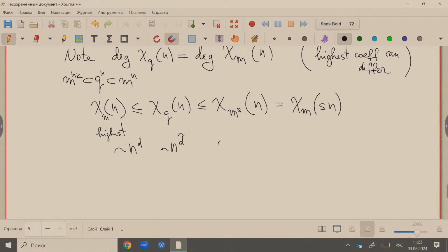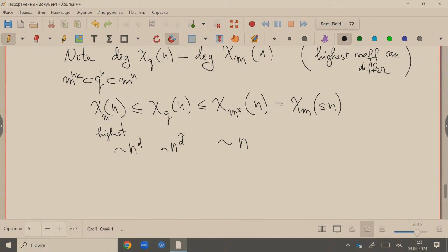So this depends on n. And this function, from this equality, is just S_n applied to the power d, which is S_d times N^d.